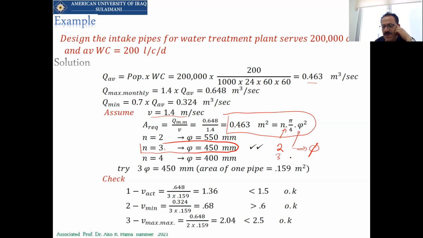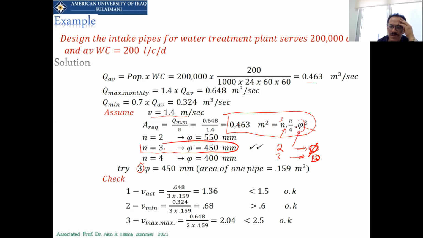If you are using 3, put 3 instead of n and check. This is the diameter.